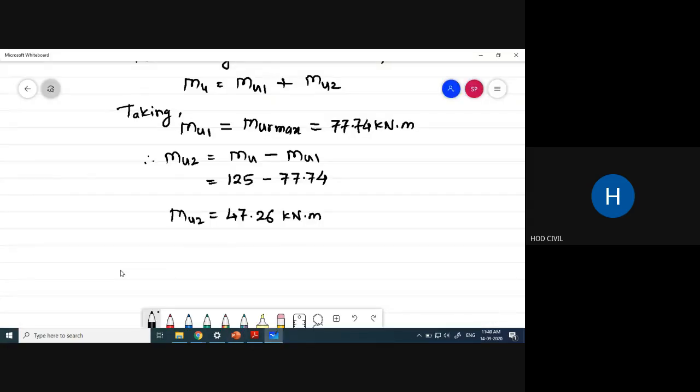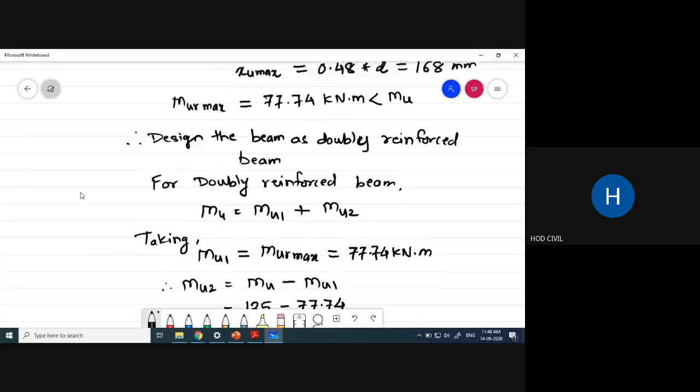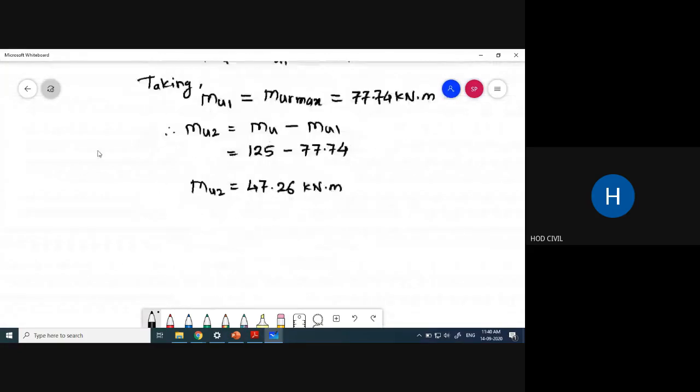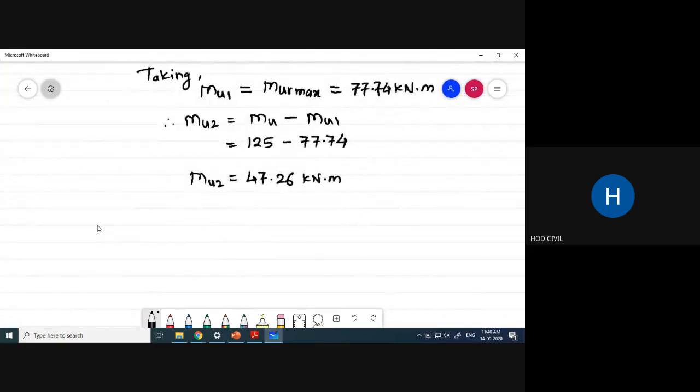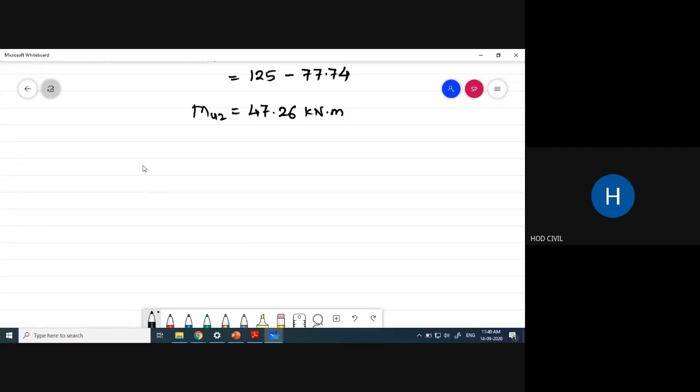Just write down next step as step number 4, calculation of AST.